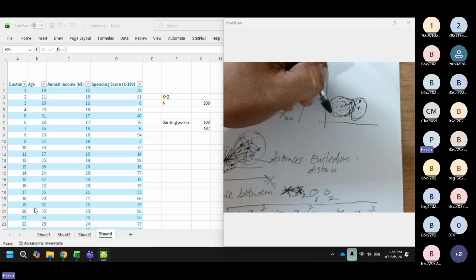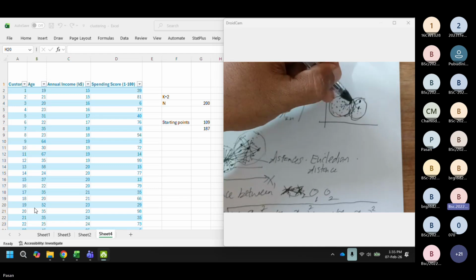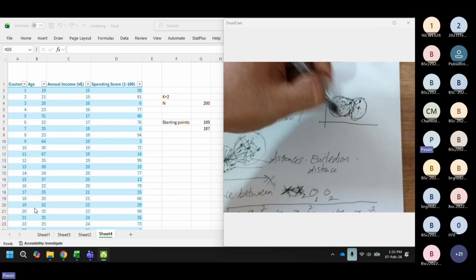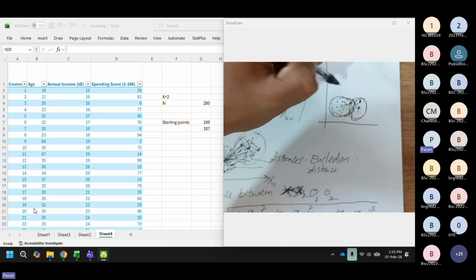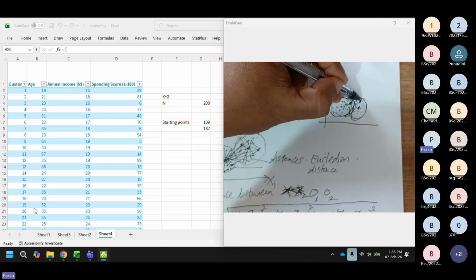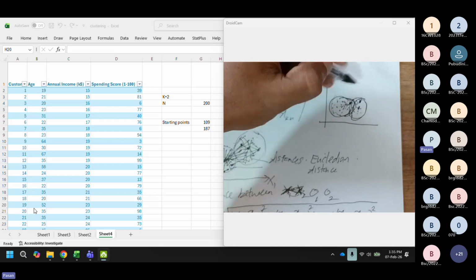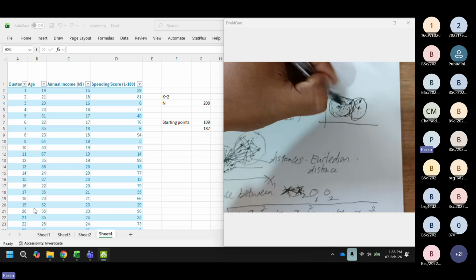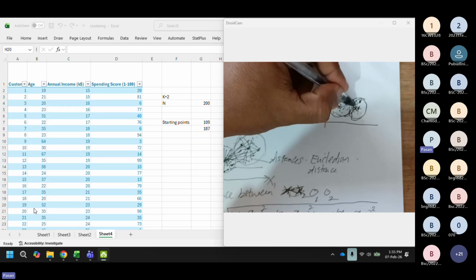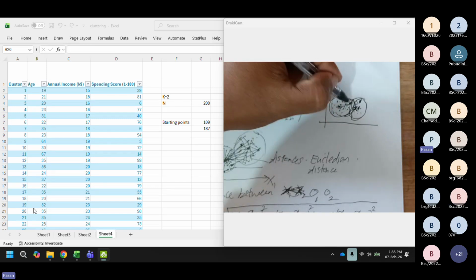So every time I change the center and then check what are the points inside. And once you repeat it several times, initially your centers are going to be like that, but after repeating it several times, you will get a center over here and a center over here. So your centers are moving, right?